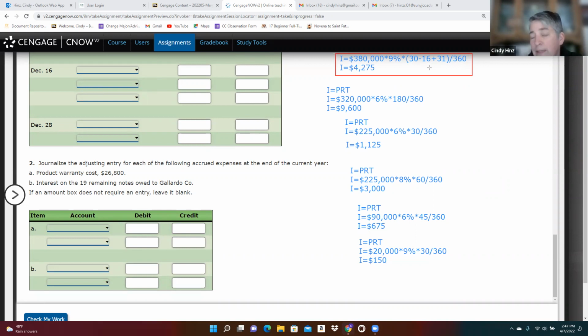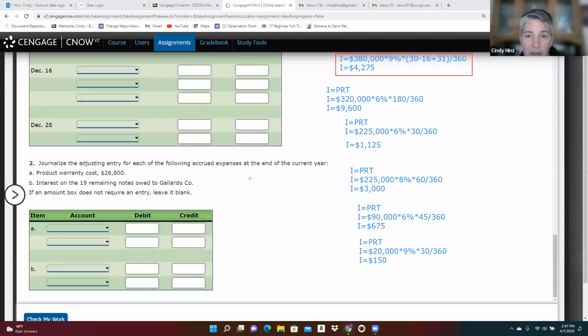And that's not correct because the note was made on November 16th and we need to report the interest for all 19 notes, $380,000 total, since the time the notes were made. The only interest we had reported up to this point was the interest we paid on the first note on December 16th.